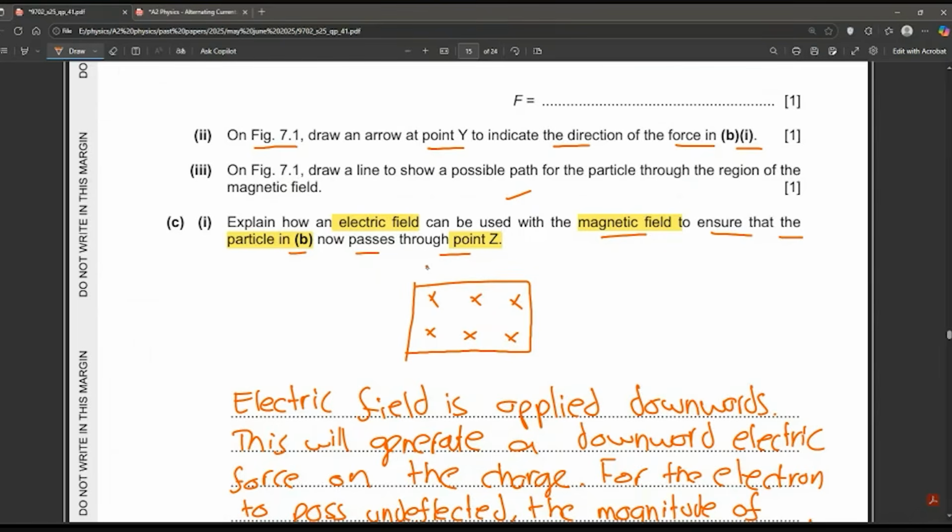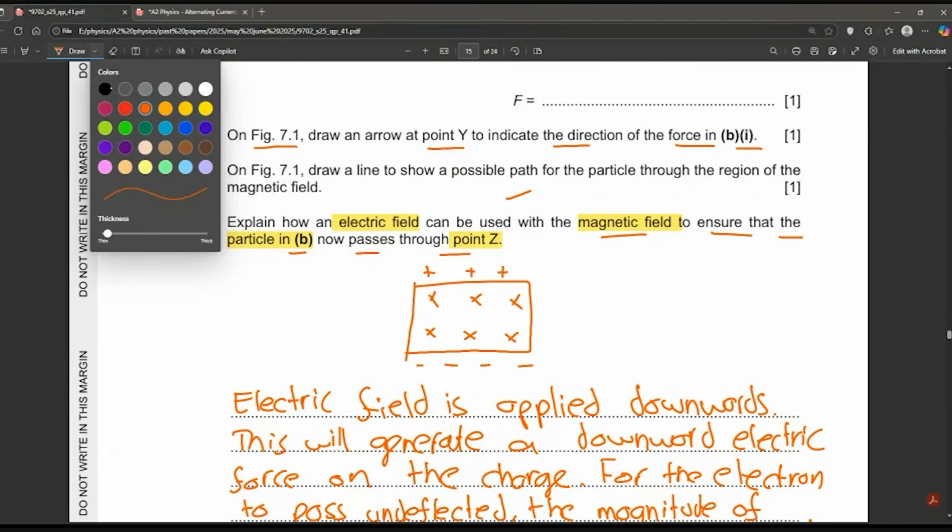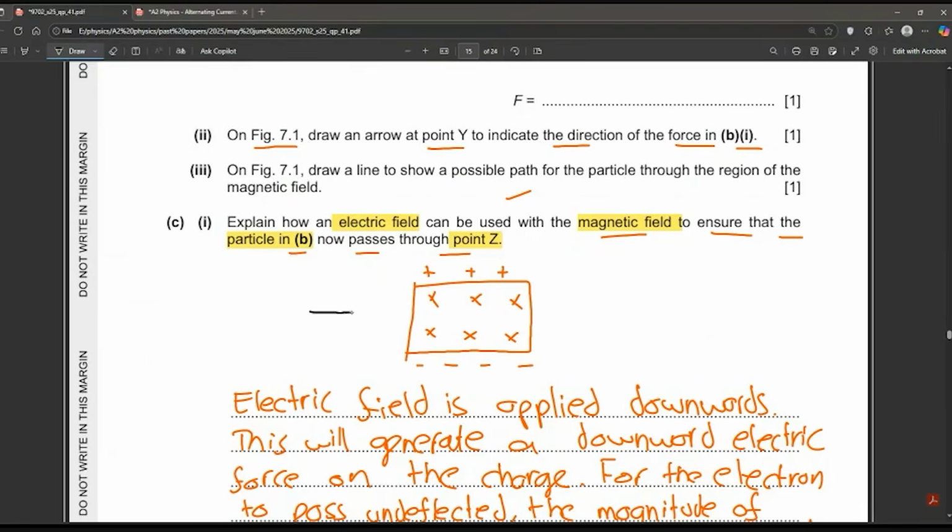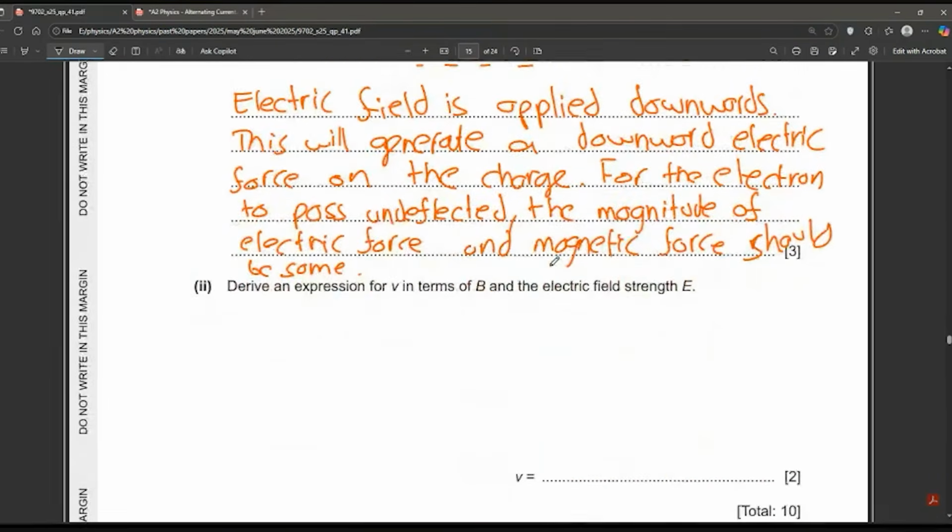From the top side, we have applied an electric field like this. And now, a positively charged particle passes through this like this. You have a magnetic force acting upward. You have an electric force acting downward. The electron passes undeflected like this.